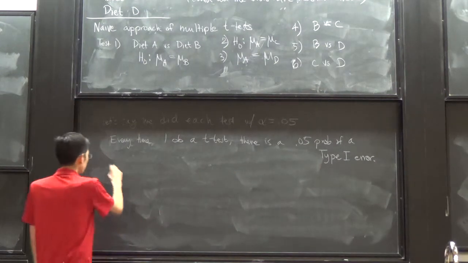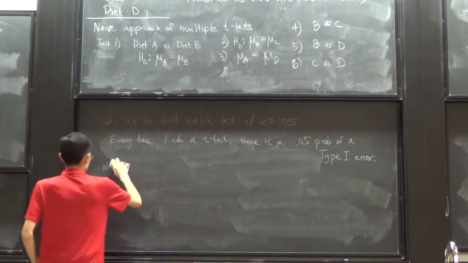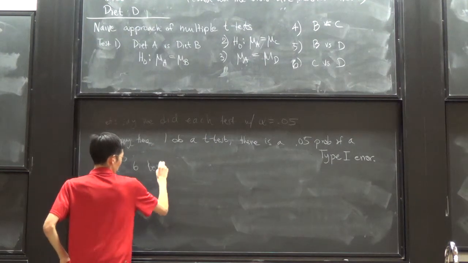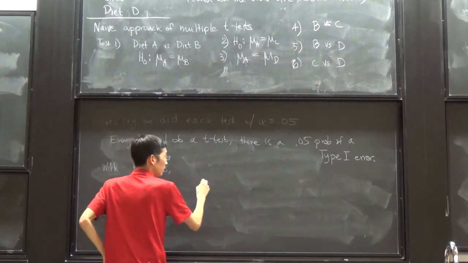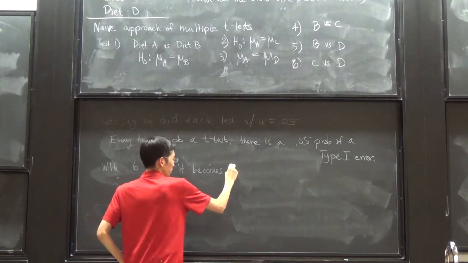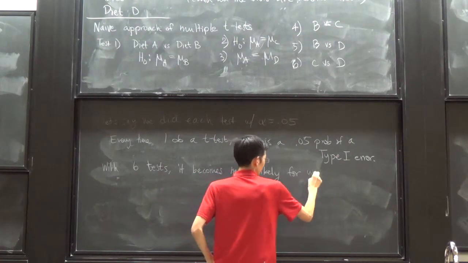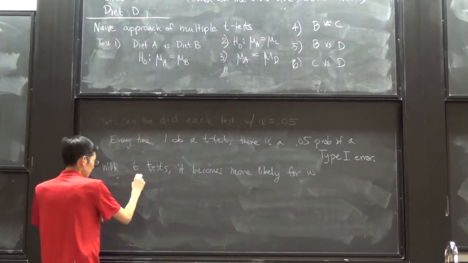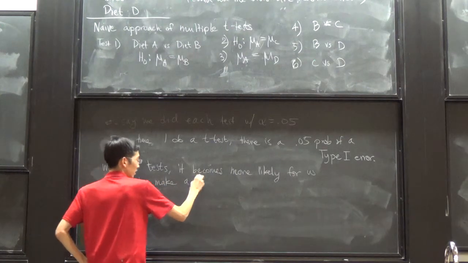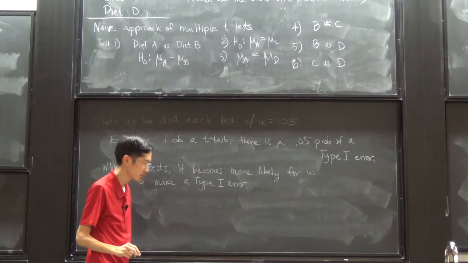So with 6 tests, it becomes more likely for us to make a type 1 error.